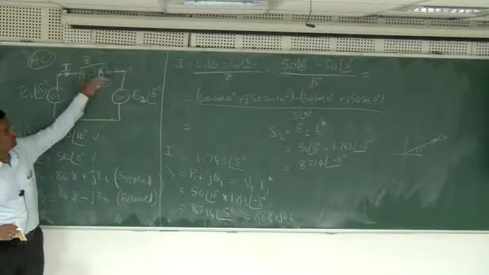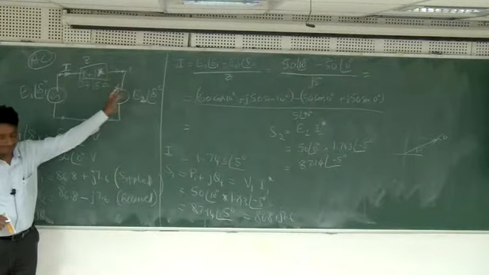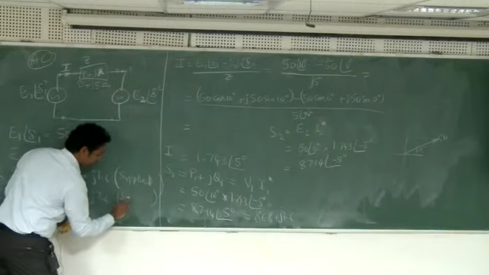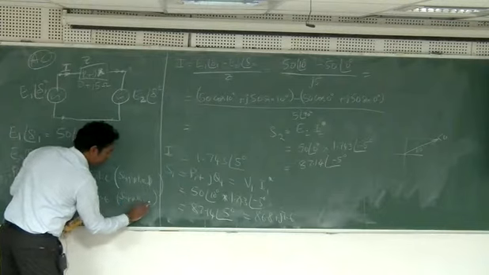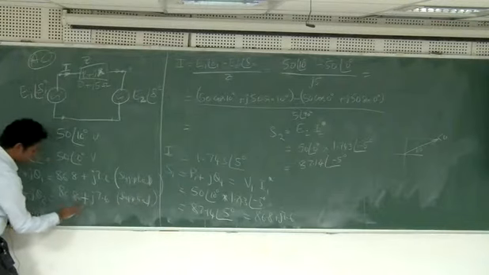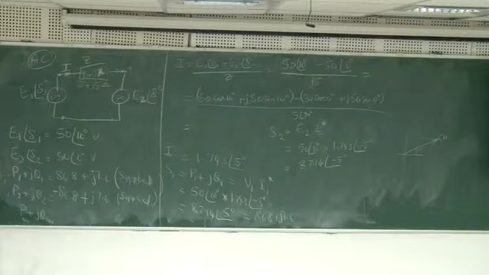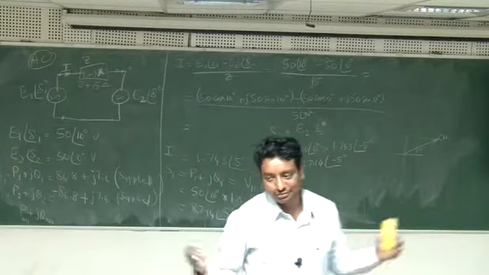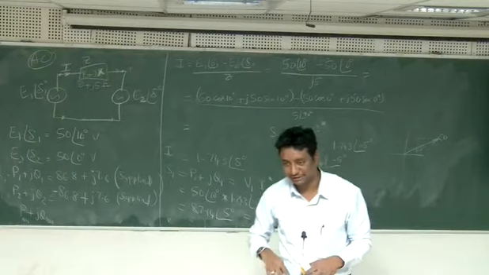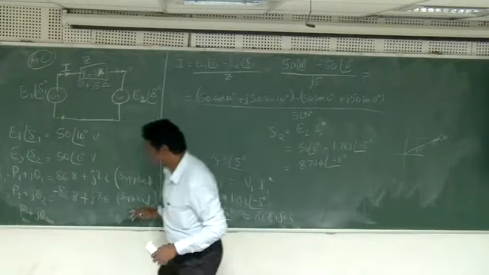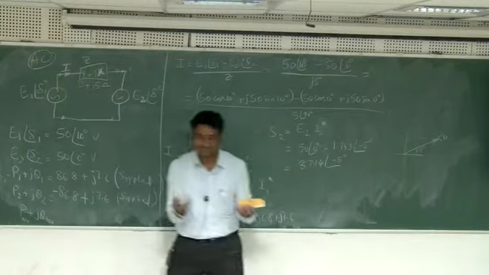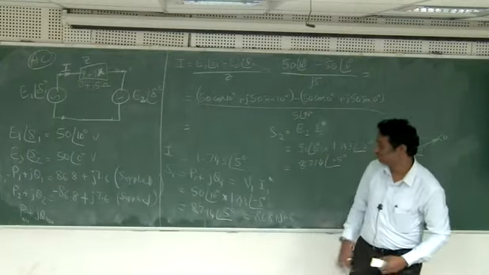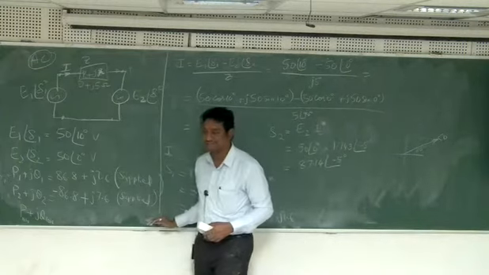Because of the current direction entering into the positive terminal of this one. So I want to make it supplied. That means this minus will become plus, this plus will become minus. I want to describe the circuit in such a way that both sources are supplying the power. So the second source is supplying minus 86.8, that means actually it is receiving 86.8 watts of power, but I want to use the terminology that both are supplying.